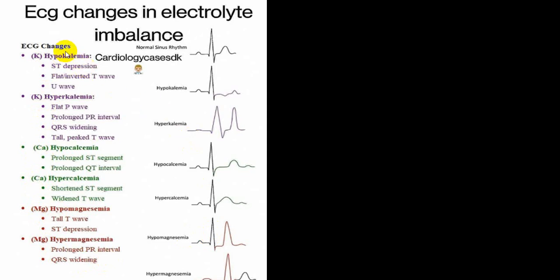Remember, in hypokalemia, hypocalcemia, and hypomagnesemia, you will have a long QT. While in hyperkalemia, usually you will have a short QT. In hypercalcemia, again you will have a short QT. So do remember those things.